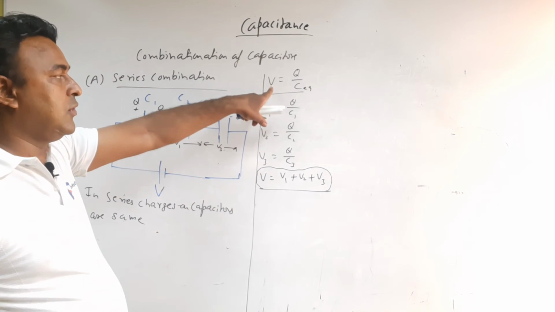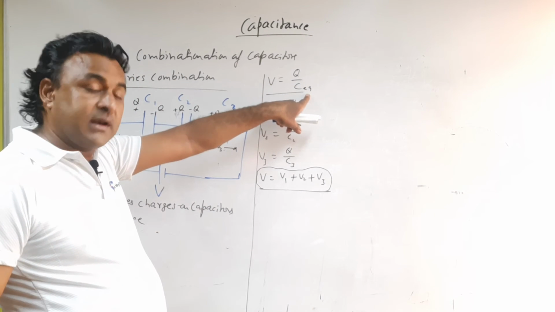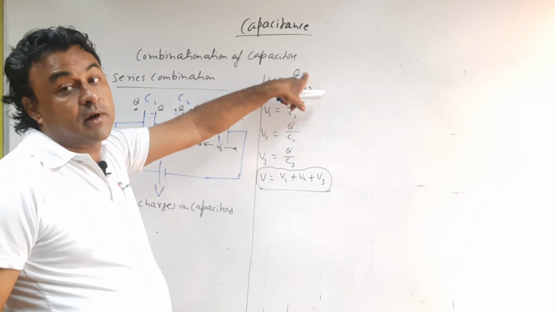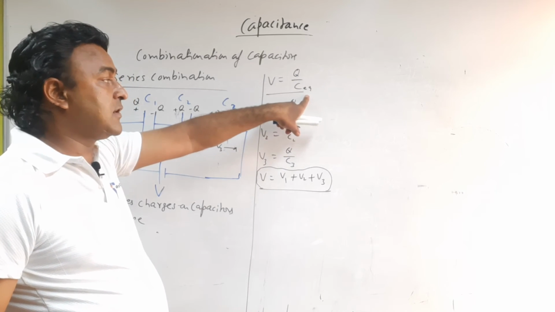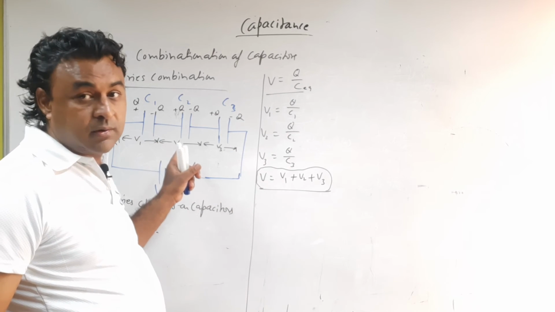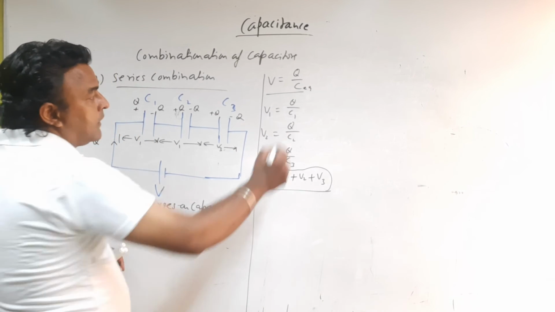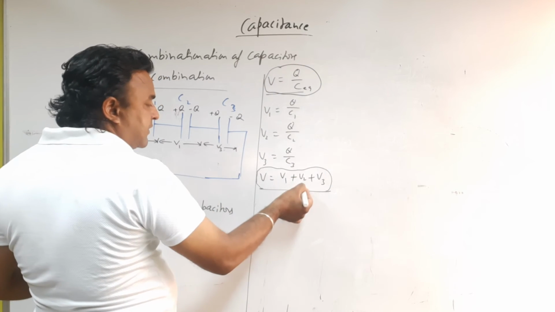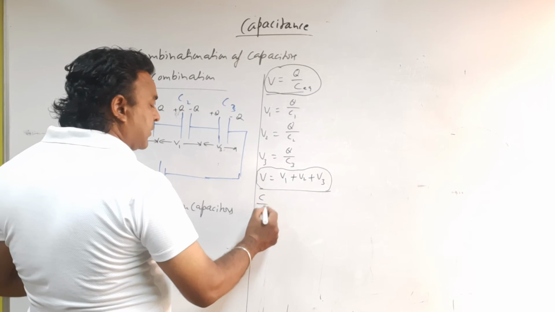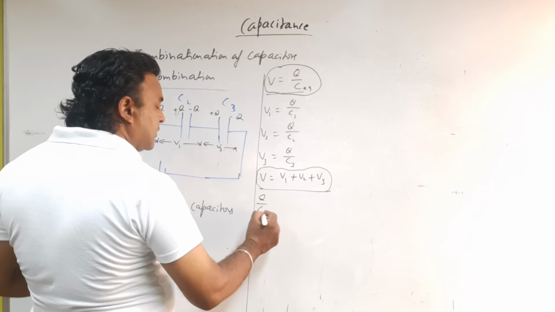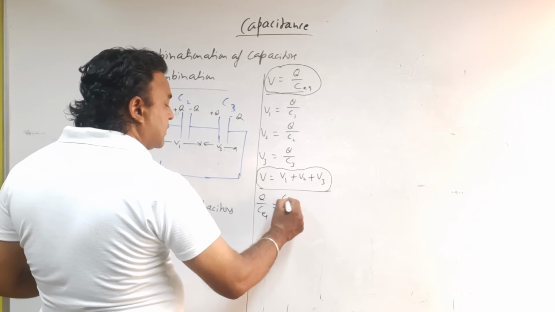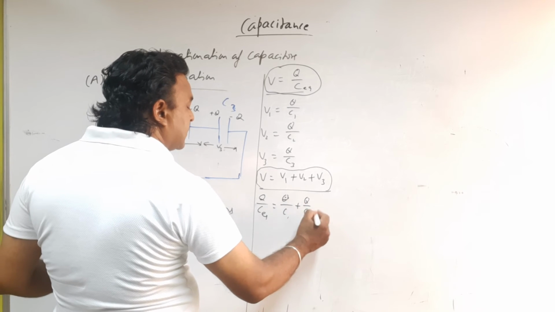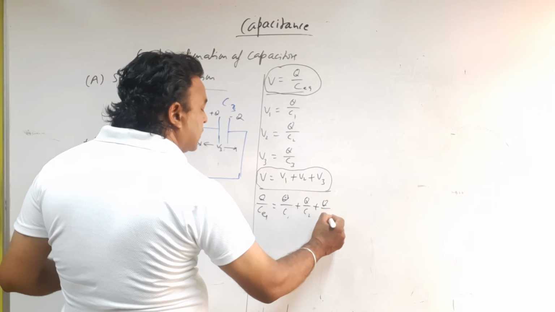I keep the same voltage and one capacitor having C equivalent capacitance draws the same charge, then that capacitance will be definitely electrically equivalent. So I should say Q upon C equivalent, Q upon C1, Q upon C2, Q upon C3.